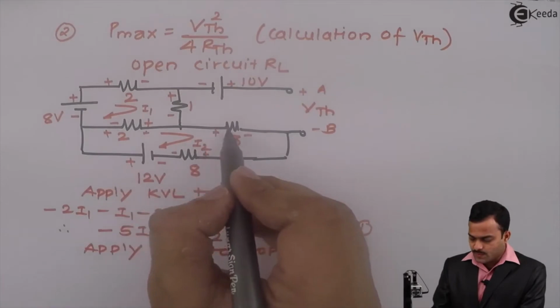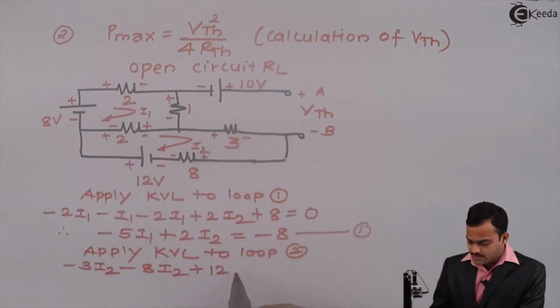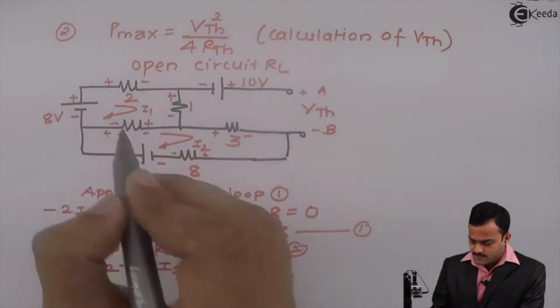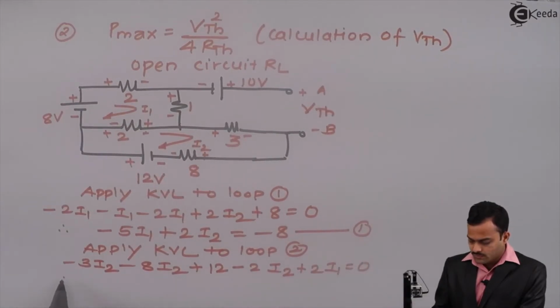Similarly, I can apply KVL to loop 2. I will start from this point: minus 3I2, minus 8I2, plus 12, minus 2I2, plus 2I1 equal to 0.